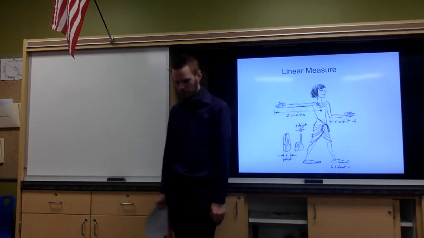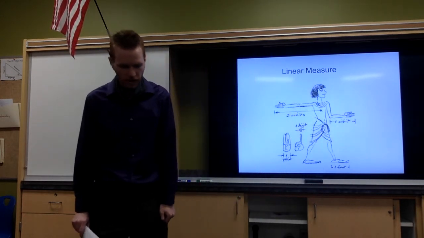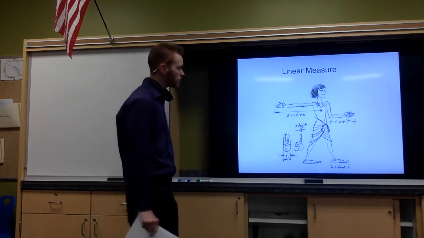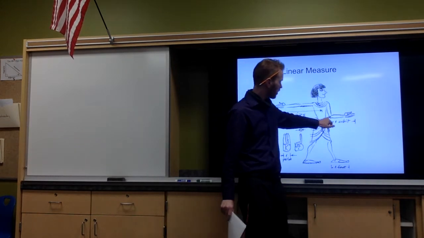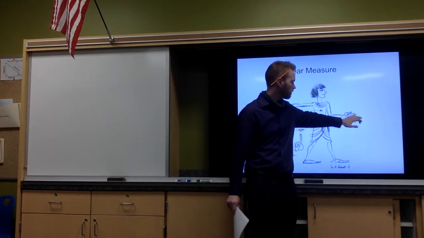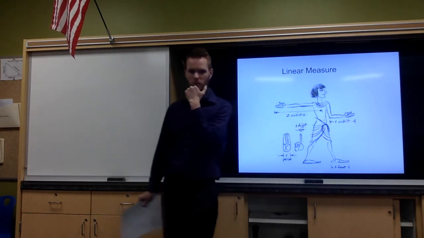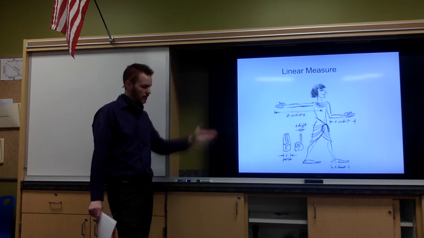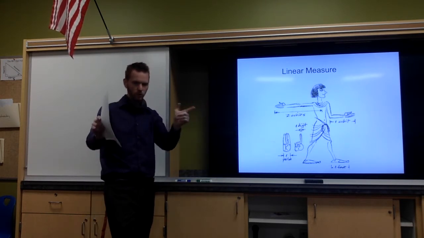So ancient Egyptians, when they were trying to measure things, first started out with what's called a cubit. A cubit started right here at your elbow, the base of your forearm, and all the way out to your fingertips was one cubit. So you could measure something just like this. And when you had 10 cubits, that became one rod.